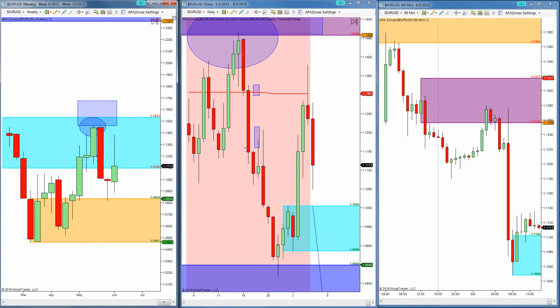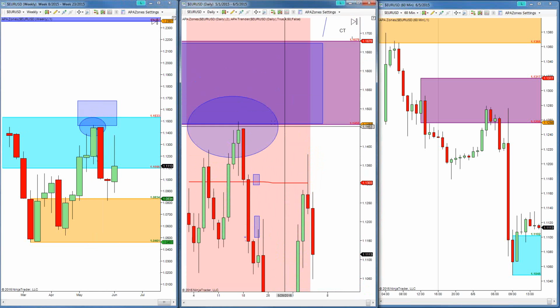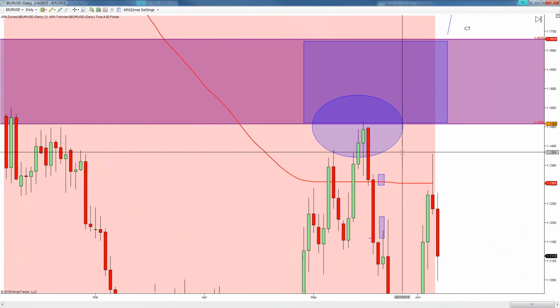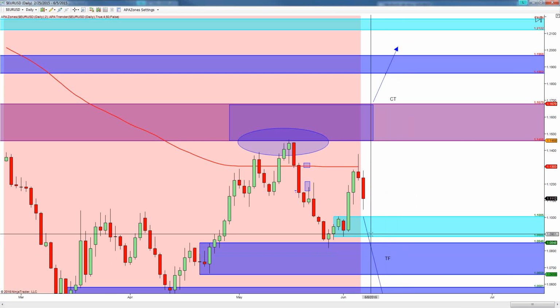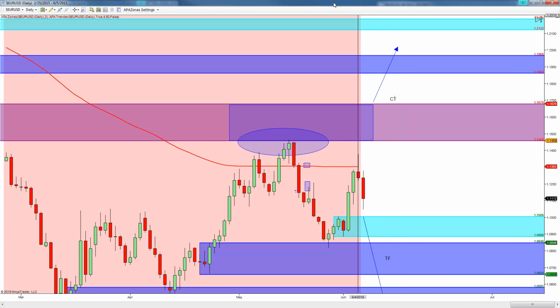I figured that those would overlap a little bit better, but apparently not. So we'll see. I was thinking that this daily zone would be inside of the weekly zone, but I spoke too soon. So anyway, I'm still thinking the same is true this week as it was last week. Trend follow to the downside, counter trend to the upside.